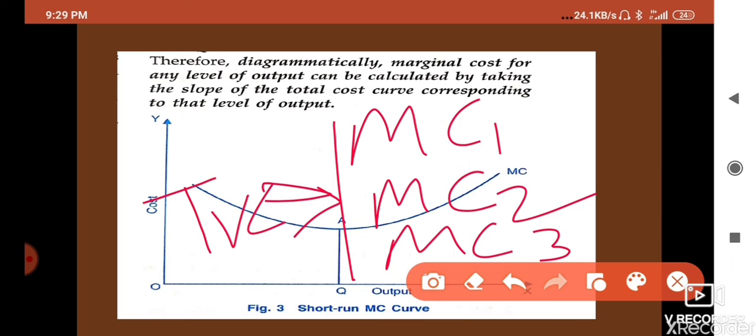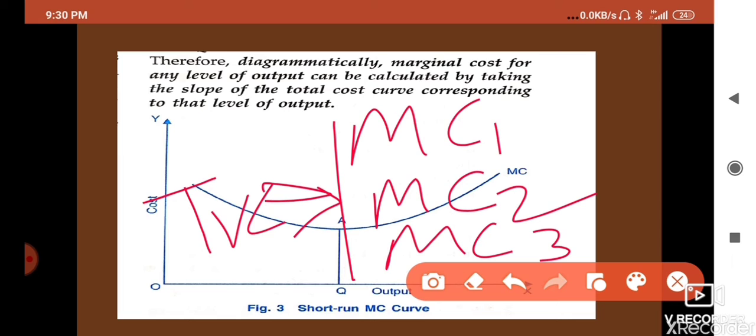So I have discussed four concepts about TVC. First, MC is not linked with the fixed cost. Second, MC is linked with total variable cost. Third, the MC curve is U-shaped due to the law of variable proportion.